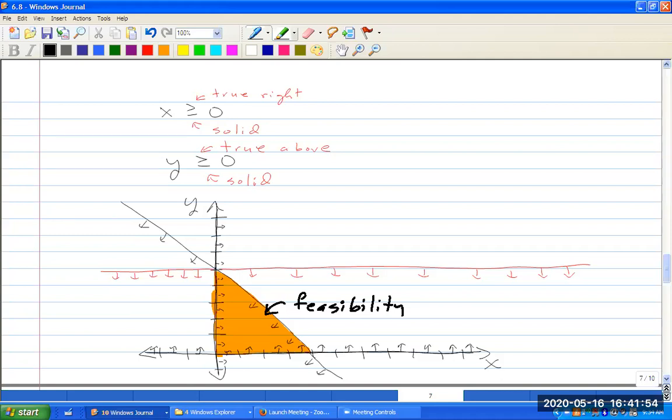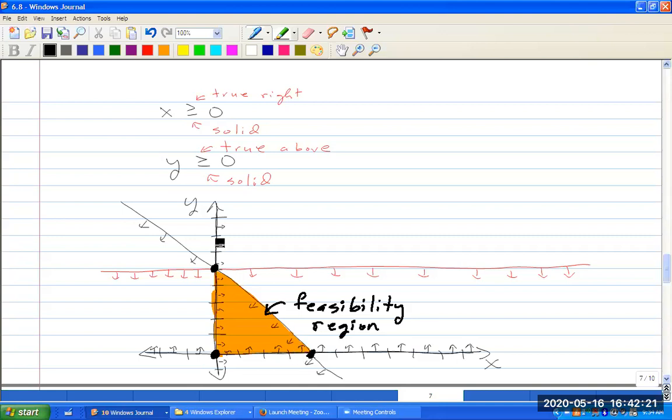Okay, so if I try to optimize it, you'd have some sort of line going across it, and it's going to be maximum either at this point, or this point, these vertices, or possibly along one or two of the points.